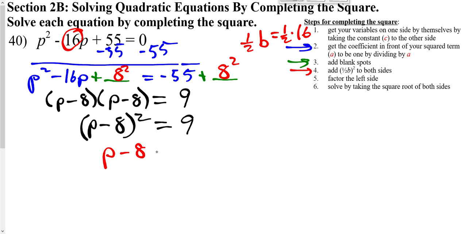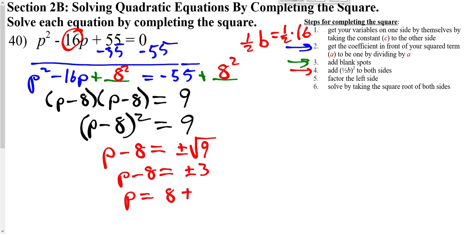Now all we have to do to finish solving this, since we have something squared, is undo that by taking the square root of both sides. Now remember, when you take the square root of both sides of an equation, it's plus or minus. Now p minus 8, remember the square root of 9 is 3. So then to get p by itself, I have to add 8 to both sides.